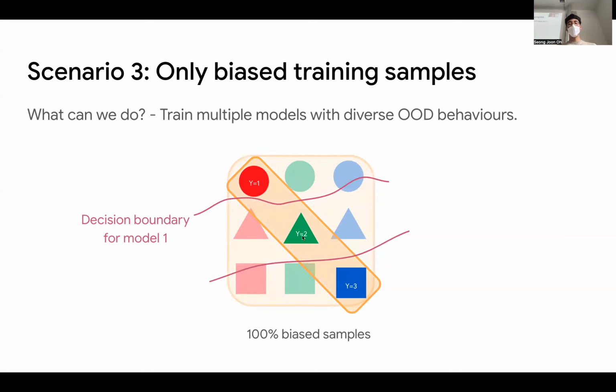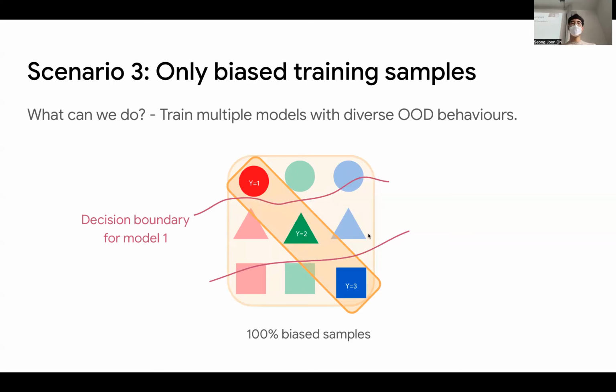And actually, if you just follow the decision for model 1, then you're classifying all the samples according to shape, as a matter of fact. Because the first class corresponds to a round shape, and the second class to triangles, and so on.